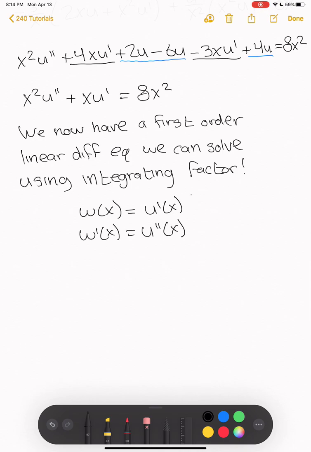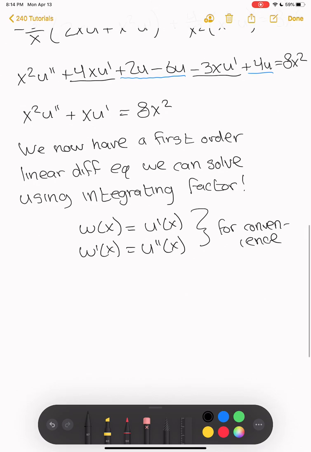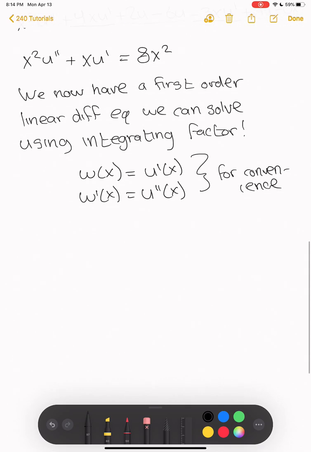Okay, so this is just for convenience, and it's just so you guys can also see this become first order a little bit better. So I now have x squared times w prime, so I just substituted that in, plus x times w, again substituted in, is equal to 8x squared.